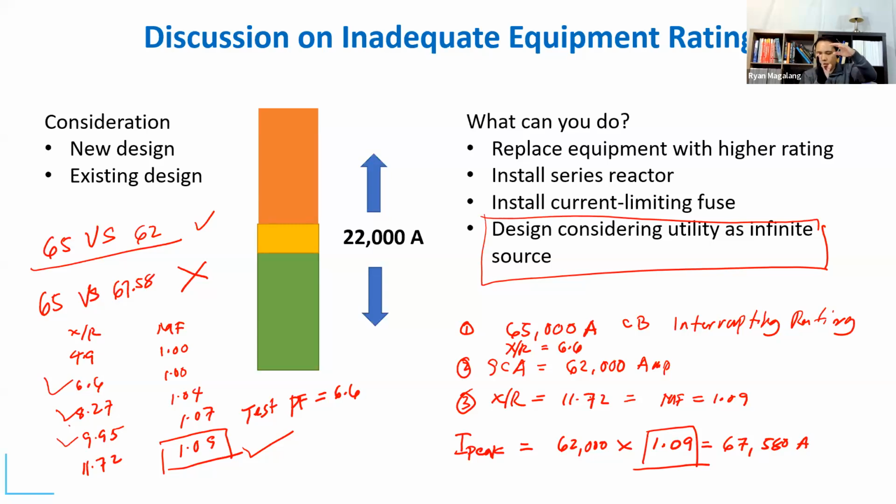and then you also have to express your interrupting rating of your breaker in the same time domain. So using the XR ratio of your breaker, obviously that's your 65 times 1 plus e to the minus pi over 6.6.